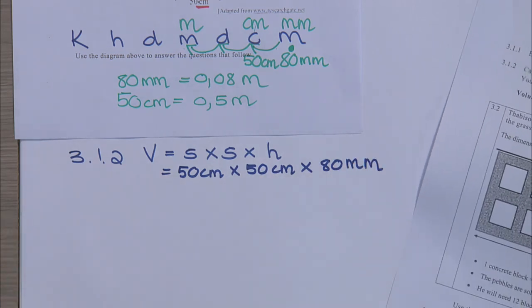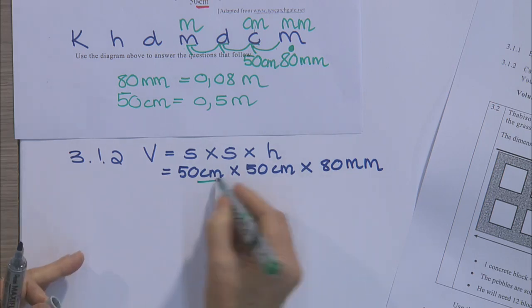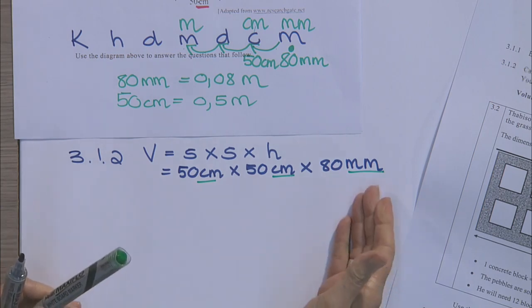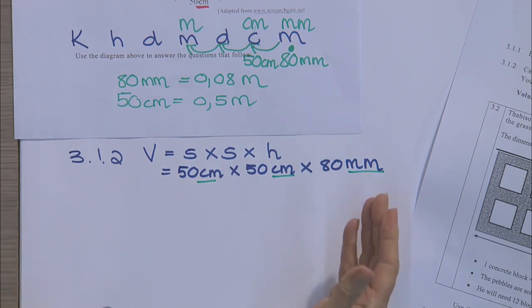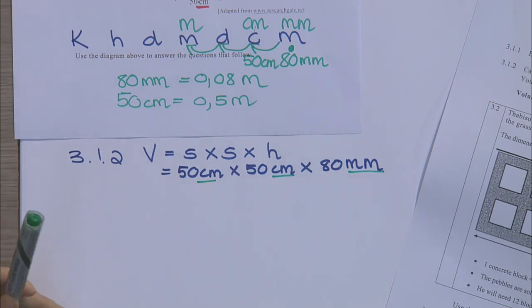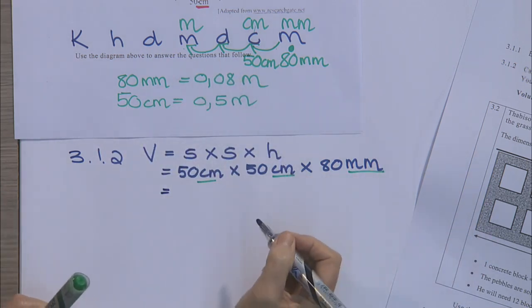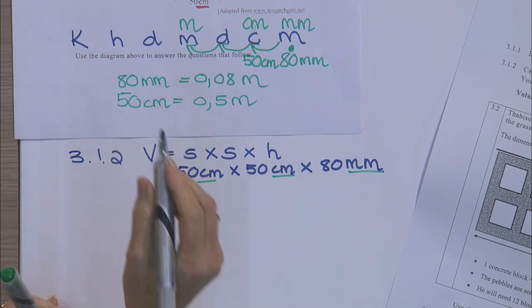As it is, we cannot work with this in one question. The units must be the same. So what we need to do is look at the hint. The hint they gave was that everything had to be converted to meters.